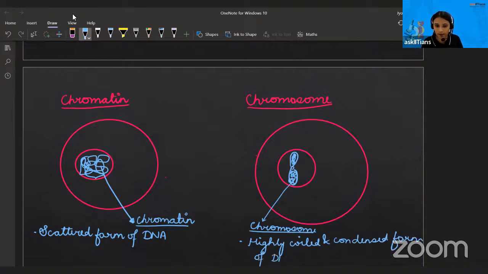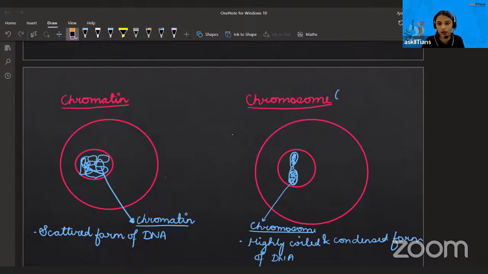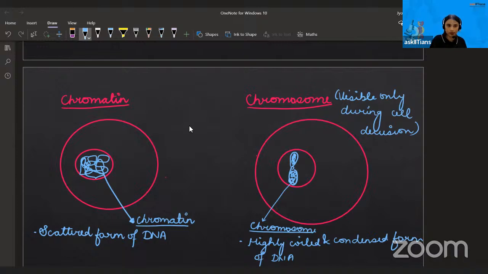So this is the difference. And this chromosome appears, or is visible, only during cell division.